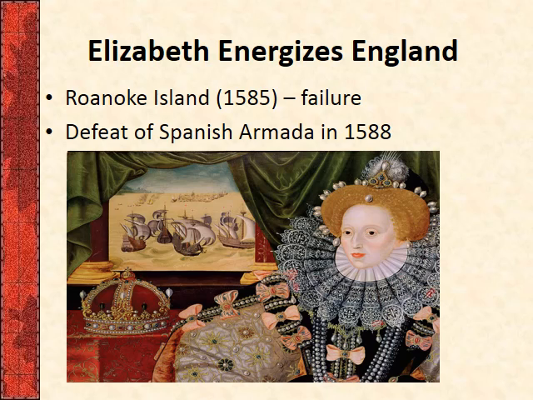Really nobody knows what happens to it, because he goes back to England, and whoever was remaining in this colony just disappears. When the English ships show up a year or two later, there's nobody there anymore. There are some random words inscribed on a tree, but nobody knows what happened to it. So that colony is an absolute failure.